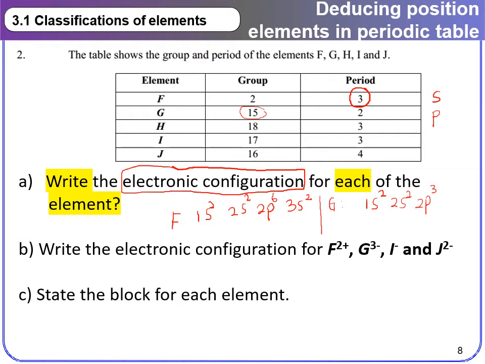Now we use the configuration to total up the electrons: 2 plus 3 plus 10 equals 15. So remember, if you are given an element in the p block, you have to use the group number minus 10 and then minus 2, and then you will know how many electrons are in the p orbital.